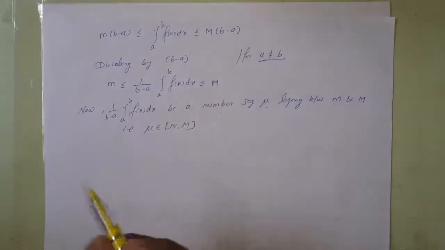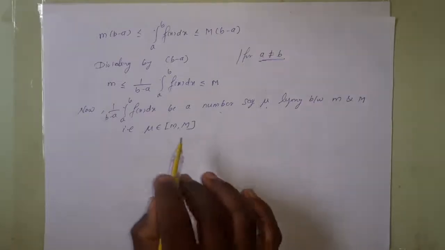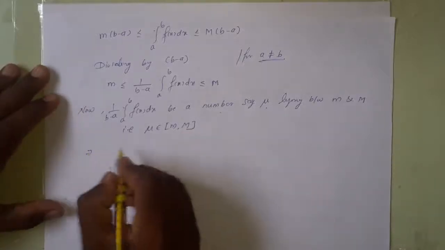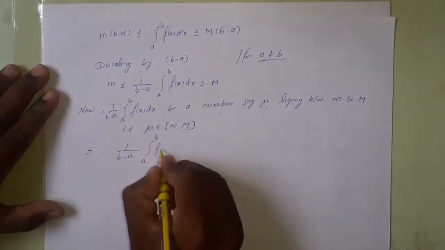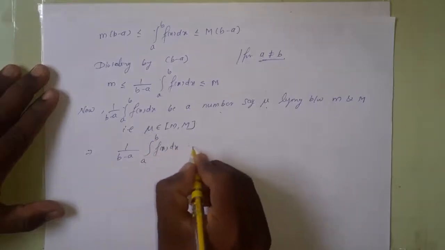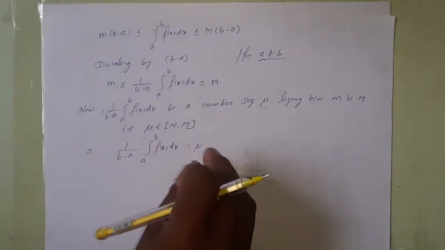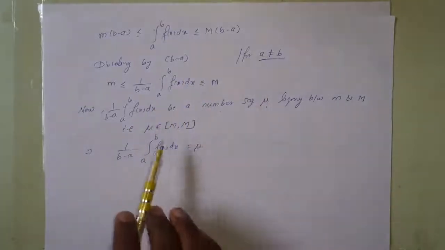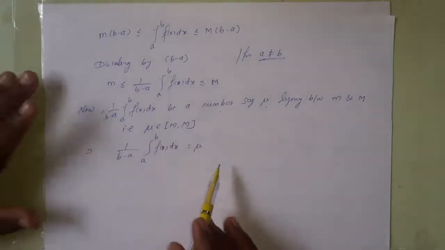So we are choosing another number which is lying between the same interval, from small m to capital M. Therefore we can equate 1 divided by (b minus a) times the integral over a to b of f(x) dx to mu, because this quantity is in the same interval and mu is also in the same interval. That is why we are denoting this total quantity as mu.